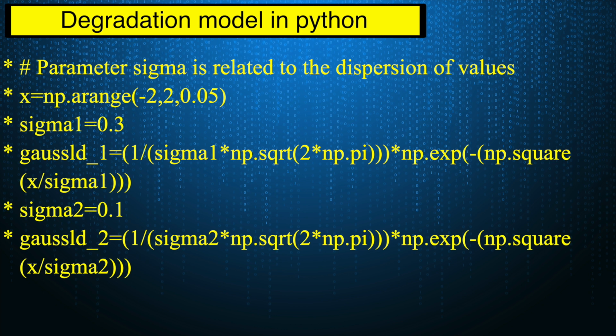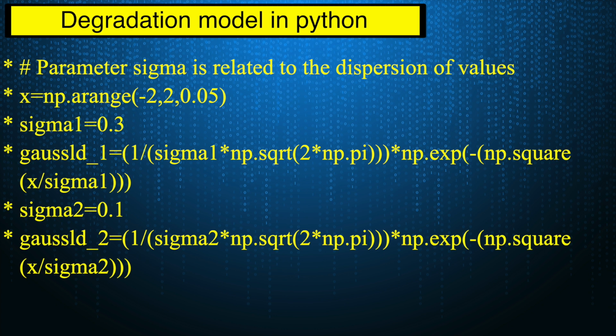I am taking sigma equal to 0.3 and 0.1. You can take any value from 0 to 1, but for understanding purposes I am taking 0.3 and 0.1. Then we will plot these two and see the result. I have taken one variable x from minus 2 to 2 with a step size of 0.05, then sigma equal to 0.3, then the Gaussian function, the mathematics of the Gaussian function, is modeled.